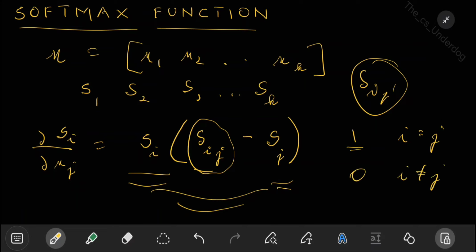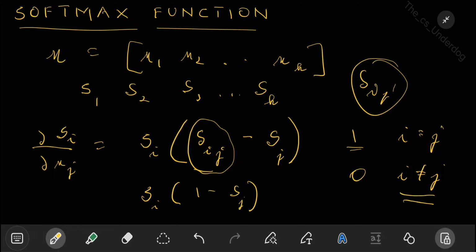So in case i is equal to j, you will have this value as 1 and your derivative will be Si into (1 minus Sj). And in case i is not equal to j, your derivative will be Si into minus Sj, so that will be minus Si Sj.